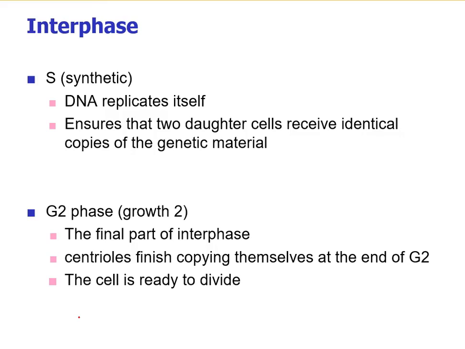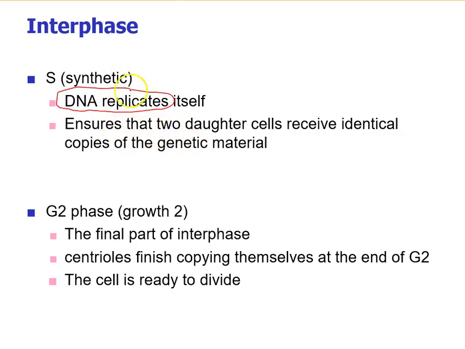It's the time when the cell's DNA copies itself to ensure that when the cell eventually divides, each new cell will have an exact copy of the genetic information. So it means that during the S phase, we have DNA replication, or copying of DNA.